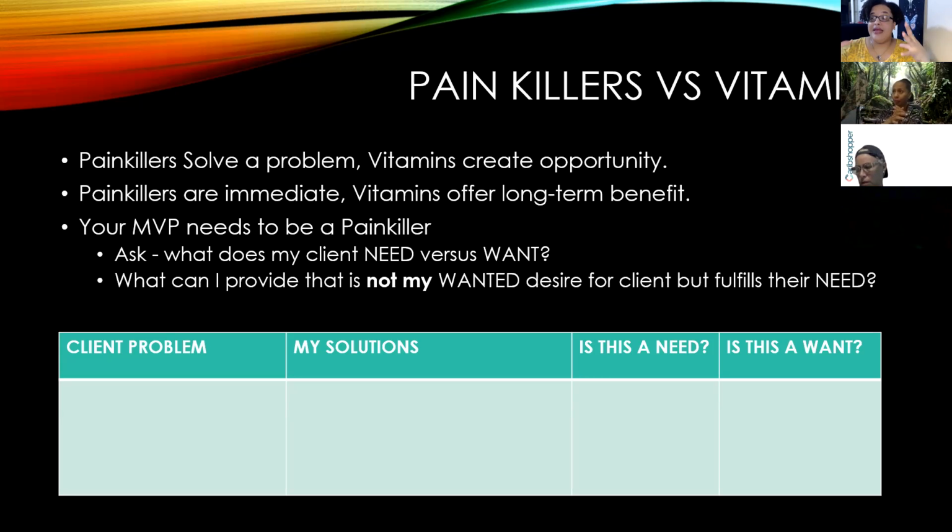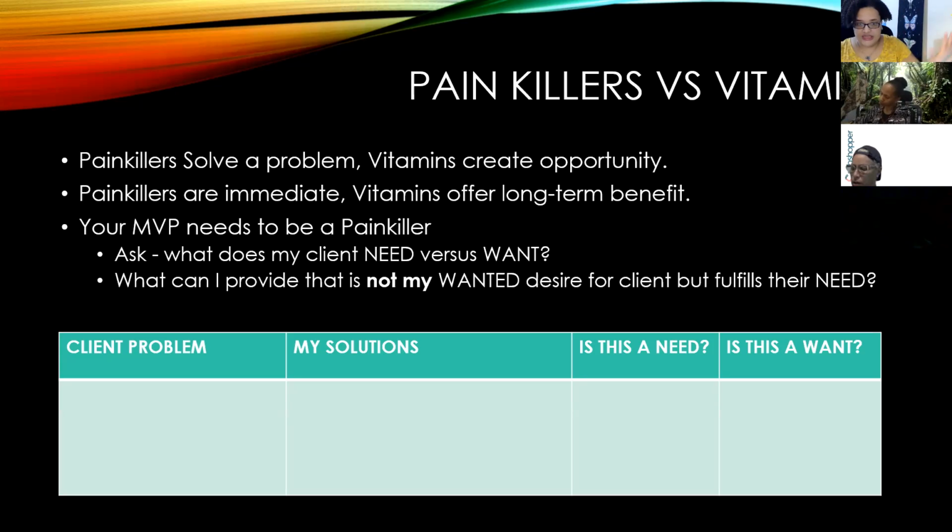Your MVP ideally should be a painkiller, okay? So it's really about offering value to solve a problem quickly, with minimum effort on the part of your ideal clients, by giving them some amount of instant gratification, okay?